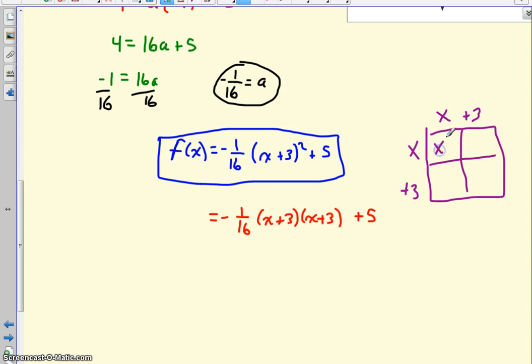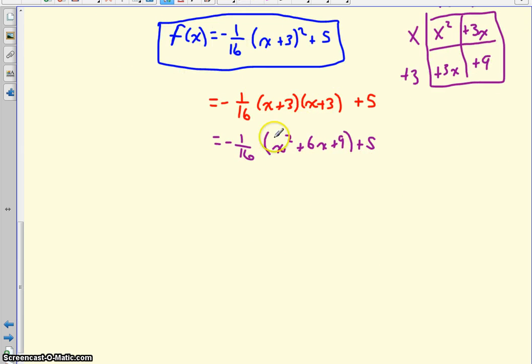So that's going to give me x squared plus 3x plus 3x plus 9. Okay, which when I put together is going to give me, after I put my -1/16, x squared, I got two 3x's, which together give me 6x plus 9, plus 5. Okay, and then from here, remember this is all in brackets still.